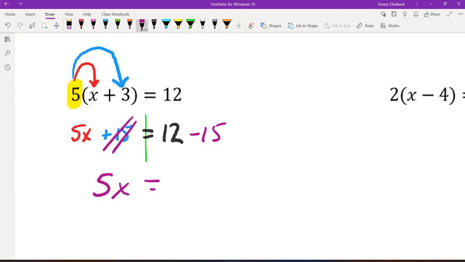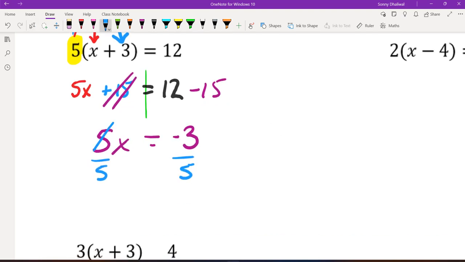Right? What is 12 minus 15? Emma? Close. Negative 3. Right? You're taking away more than what you have. Right? So now we need to get rid of the 5, which just like before, we divide by 5. Okay? And x is equal to negative 3 over 5.